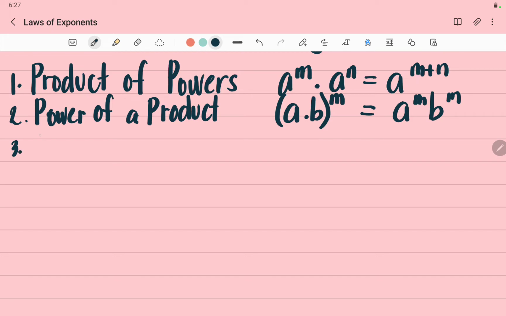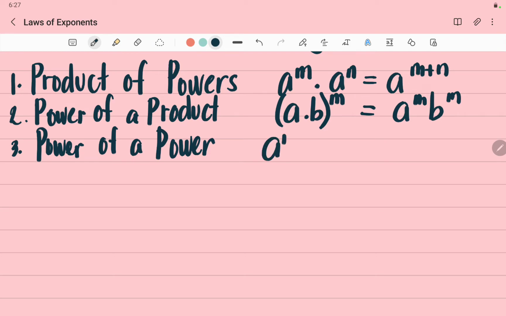Number 3, power of a power, wherein if we have a raised to m raised to n, what will happen? We will just multiply the exponents, so m times n.